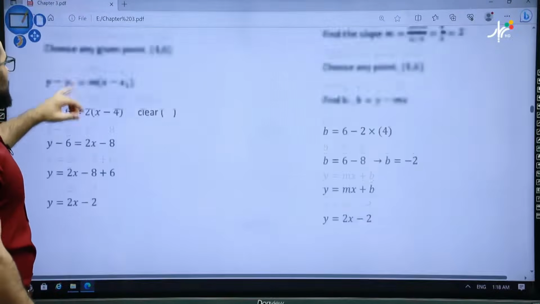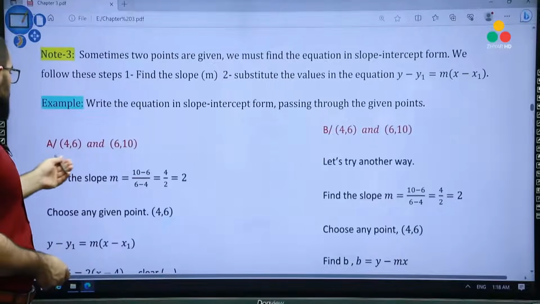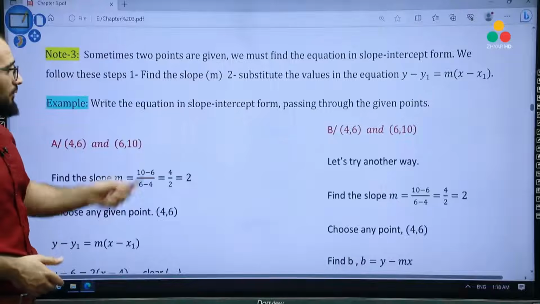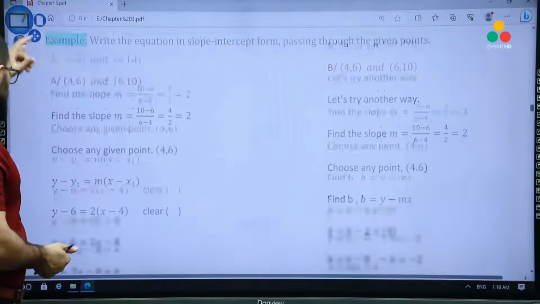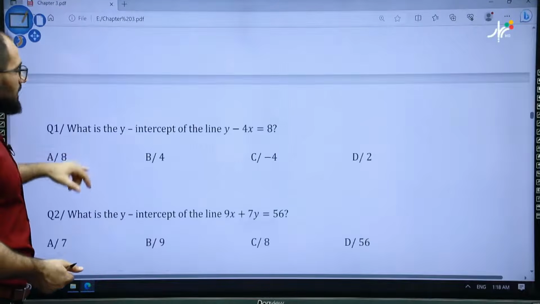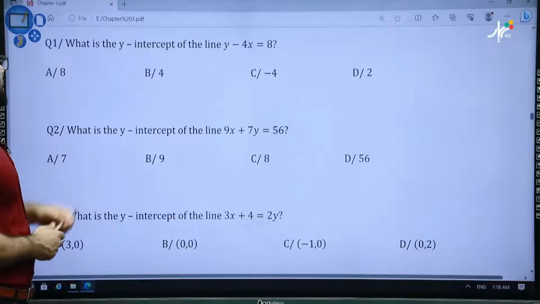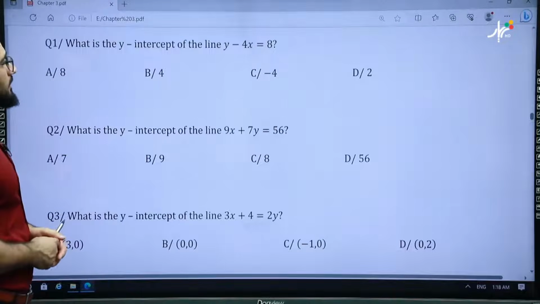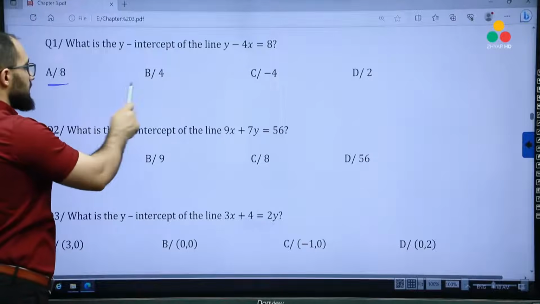This is about these examples where sometimes we have two points, then we have to find the equation in the form y is equal to mx plus b. So finally, we have some practice questions. The first one: what is the y-intercept of that equation? Then you can look at the answers.